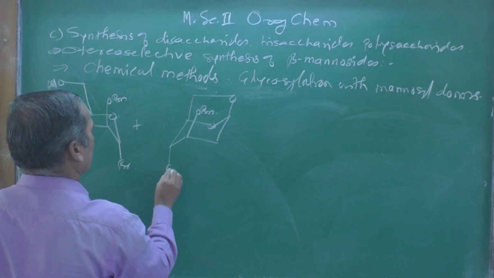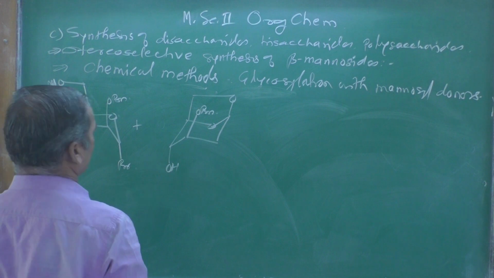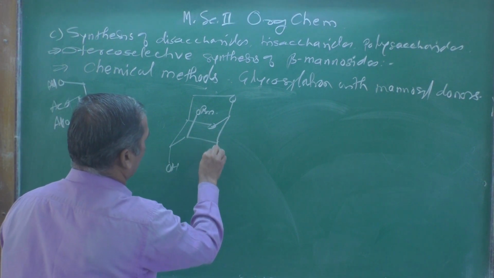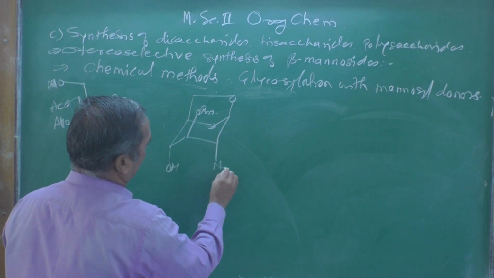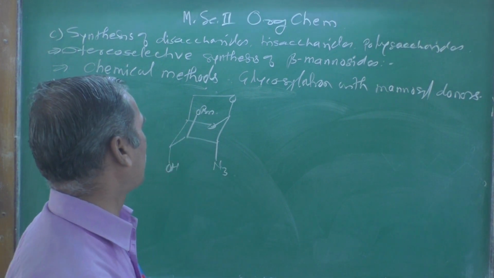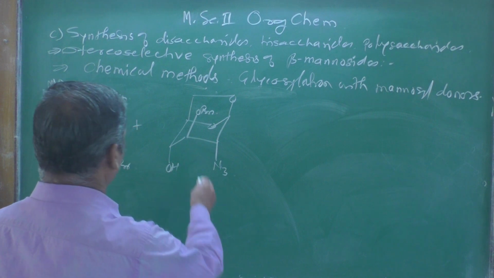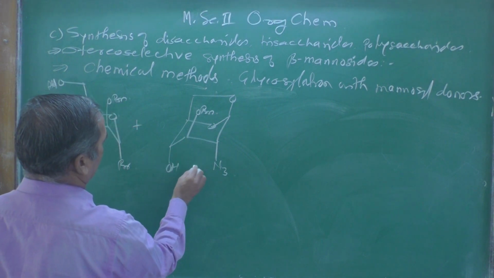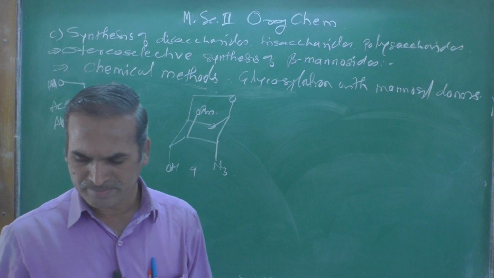This hydroxyl group is kept free so that the reaction can occur at this particular position, and here is an azide, which is a good leaving group, attached over here, and this structure is nothing but structure number 9.